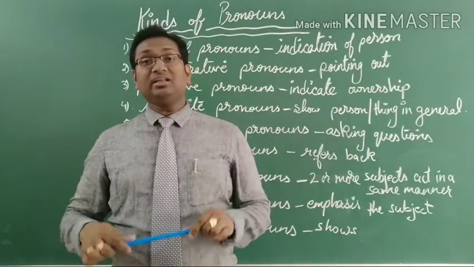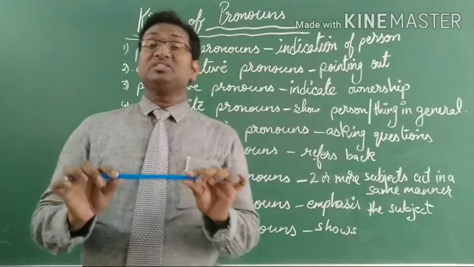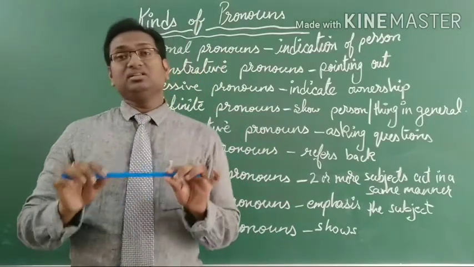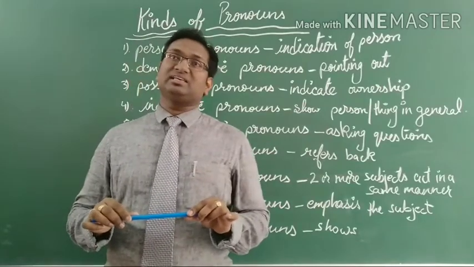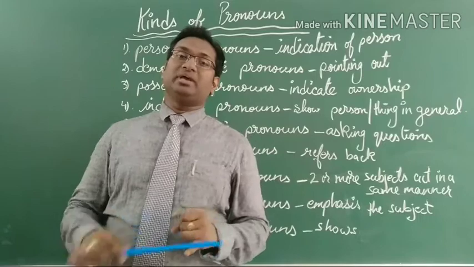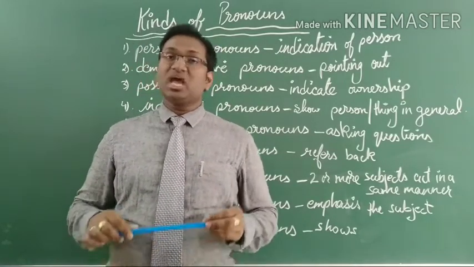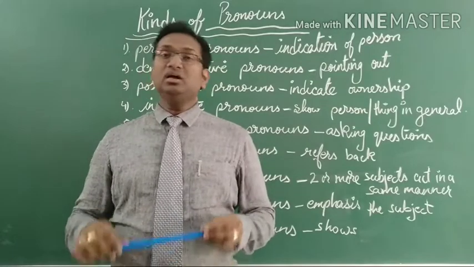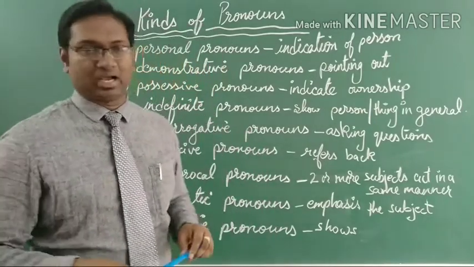This means that these pronouns do not refer to a specific person, thing or any amount. Suppose I say anybody can dance. Over here anybody can be male or female. So anybody, somebody, anyone, no one, something. These are all your indefinite pronouns.